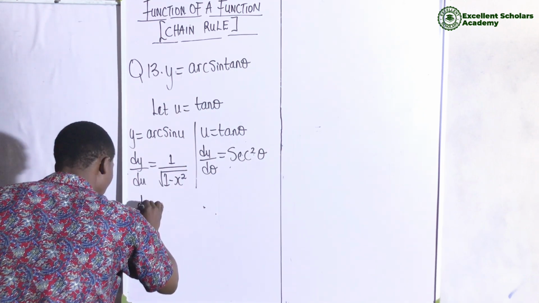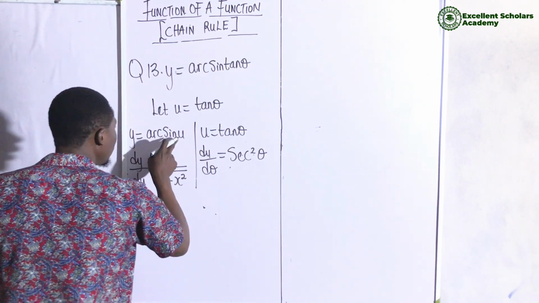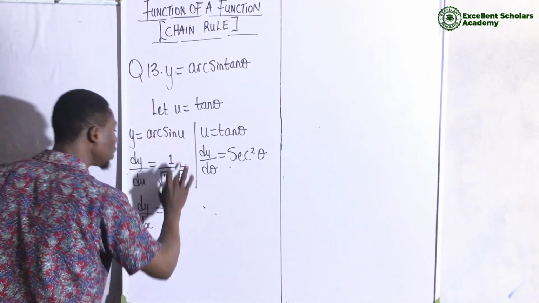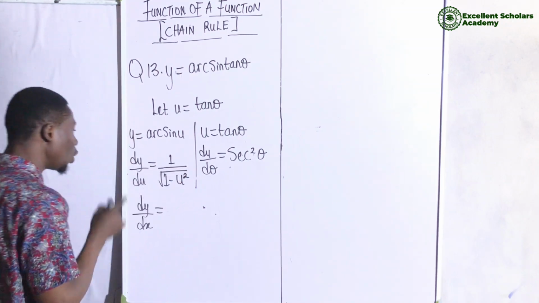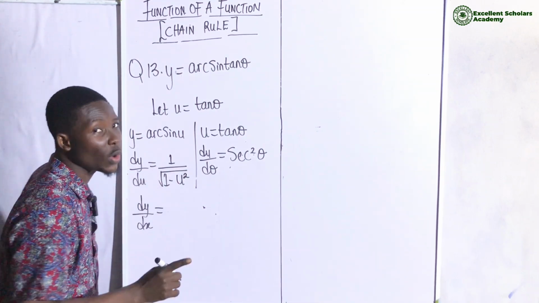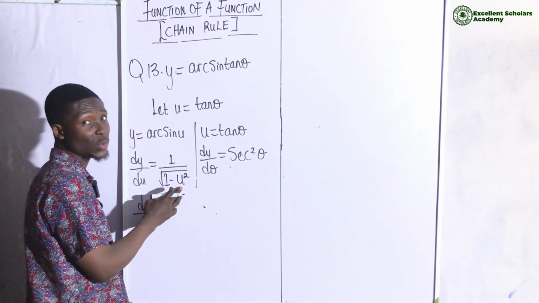Okay, so now, sorry, this is with respect to u now, so this will not be x. This is going to be u squared because you are differentiating y with respect to u. So this is going to be u squared, not x squared.